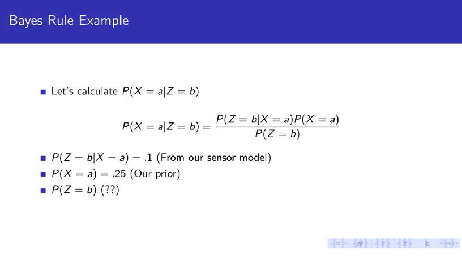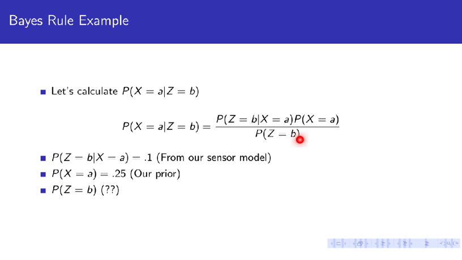So here's what we want to calculate. The first term in Bayes' rule here is just reversing these conditional probabilities, so z ends up on the left. So this is our sensor model, and we know that that's going to be 0.1, right, because that's an off by 1 error. We know that our prior belief that the robot was in room A was 0.25. So this is where things get a little bit, this is maybe the only tricky bit here.